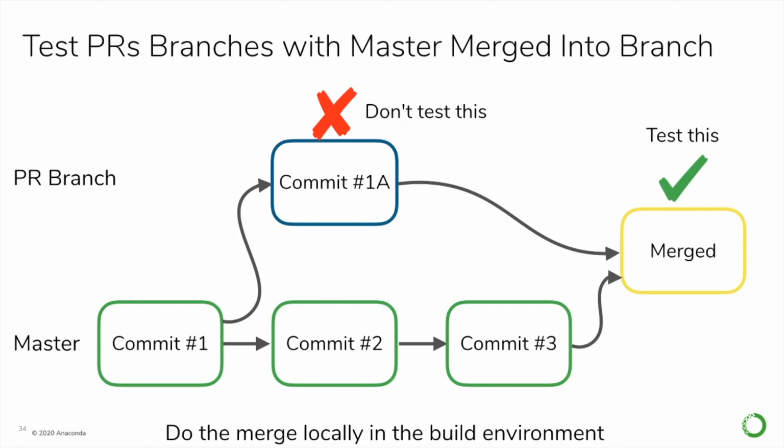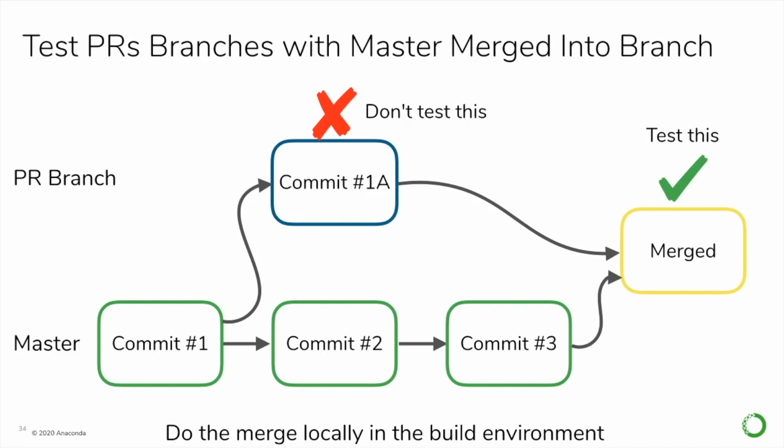Another tip, and this is not really an issue unless you are rolling your own test infrastructure, but a subtlety people don't realize is that when you are testing PRs, you don't want to test the commit on the PR branch, you want to test the commit with master merged into it, because that is ultimately what will happen when the PR is merged.